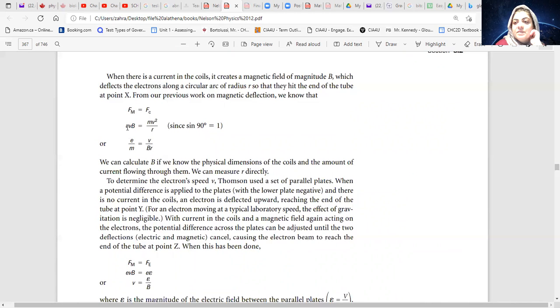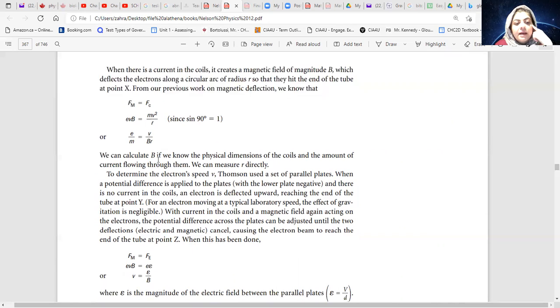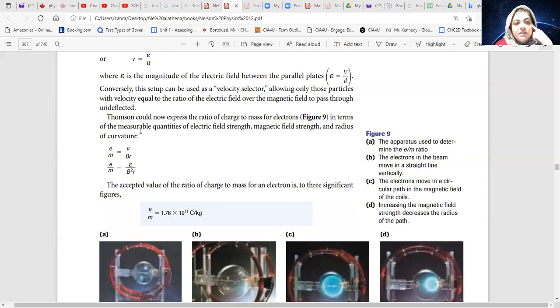Sine theta is always 90 in this case, so it's going to be 1. The circular path gives me mv squared divided by r, because that is F centripetal. So e over m is v over BR. V is the velocity I'm giving to the charge, B is the magnetic field, and R is the radius. All of that we can calculate, right? And we can calculate the charge to mass ratio.